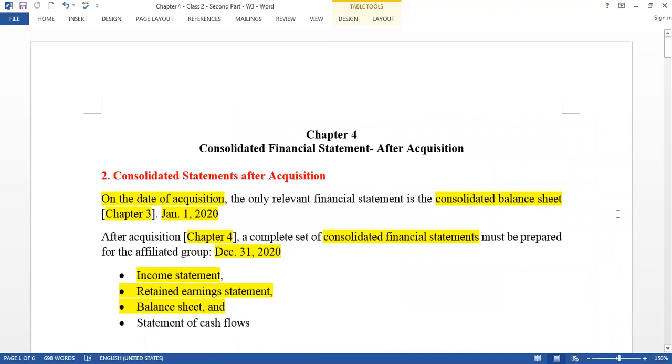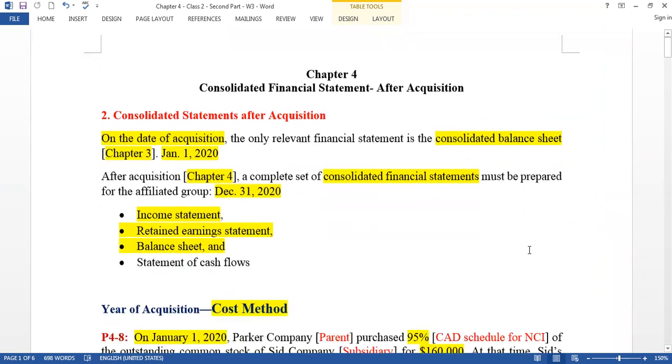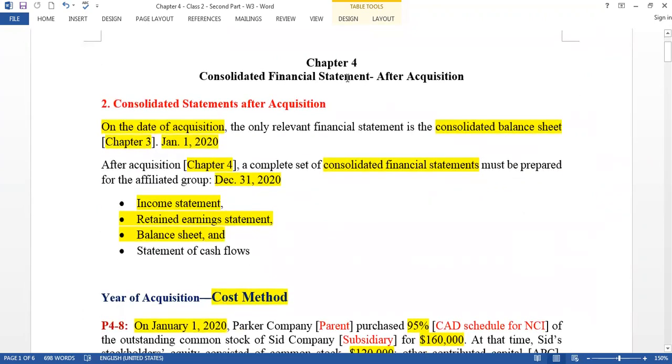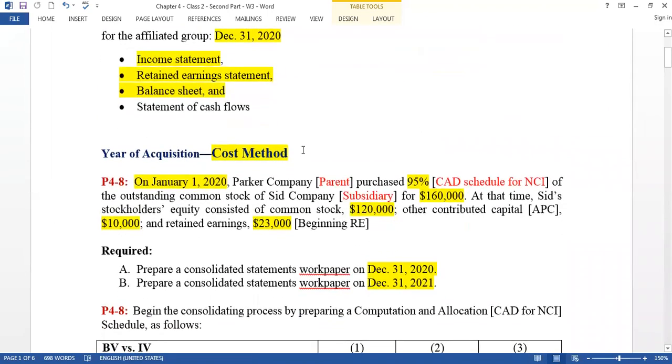So today I am going to continue our last class problems based on the cost method. We are in chapter 4, preparing the consolidated financial statements after acquisition. This was the last question I discussed based on the cost method.